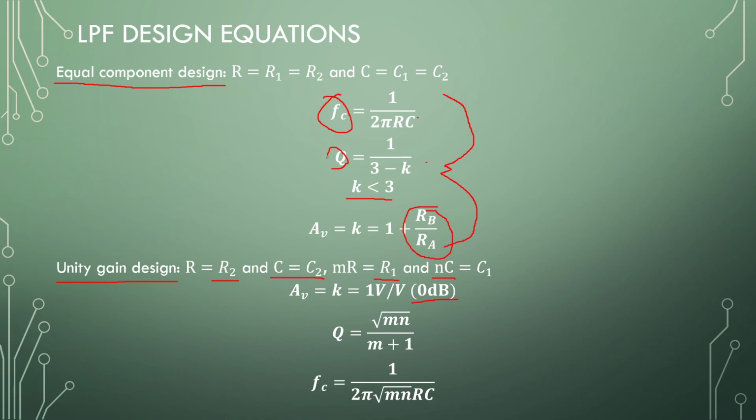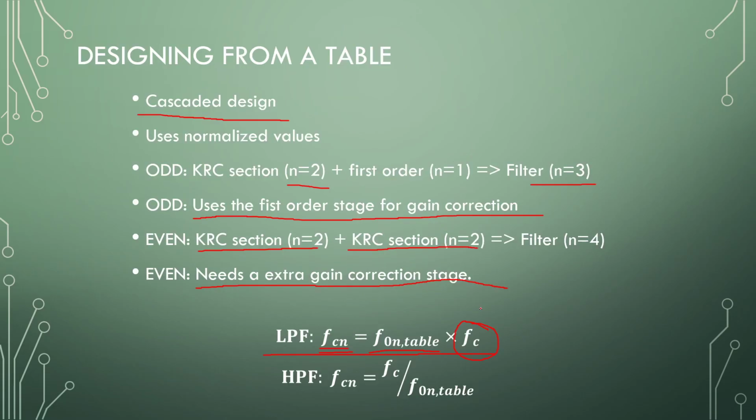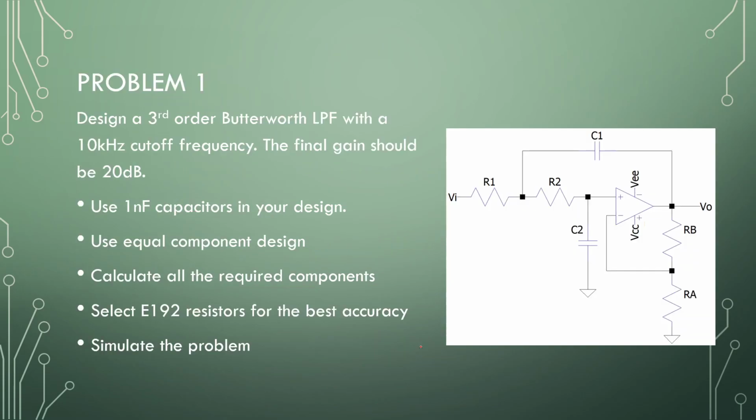You also get the Q factor from the table, and that will give you resistor B and resistor A's values. For a high pass filter design, you're just going to take the cutoff frequency that you're designing for and divide it by the table value. This ensures that it flips from a low pass filter to a high pass filter design immediately.